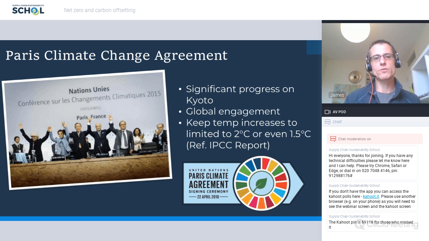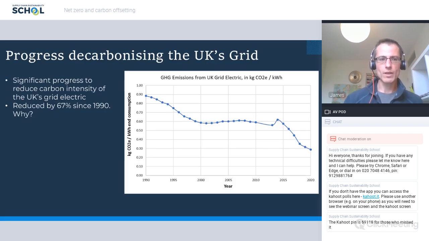How are we going to achieve those reductions? Everyone was involved. The US have decided to go their own way with their current president, but at a federal level, they are still continuing to do a lot of good work on this, so all is not lost. But yes, it's a landmark piece of work, and every subsequent annual conference of the parties, the COP meetings, is building on this work. So what's the progress been in the UK?